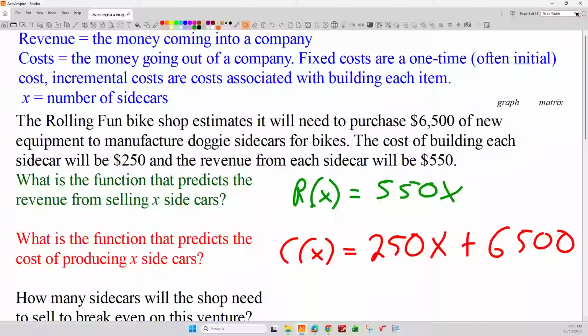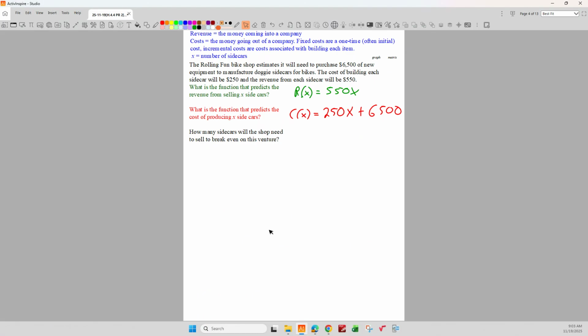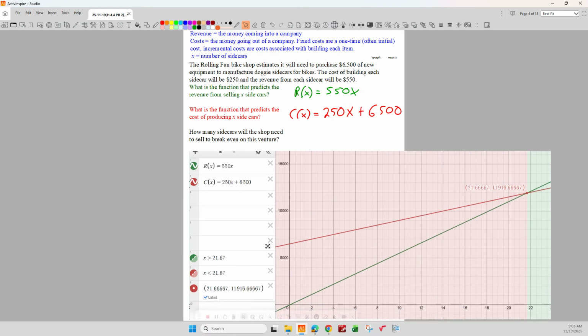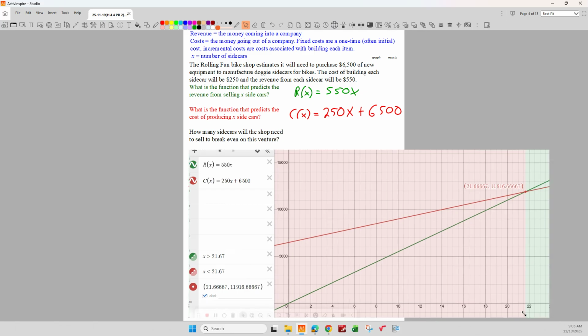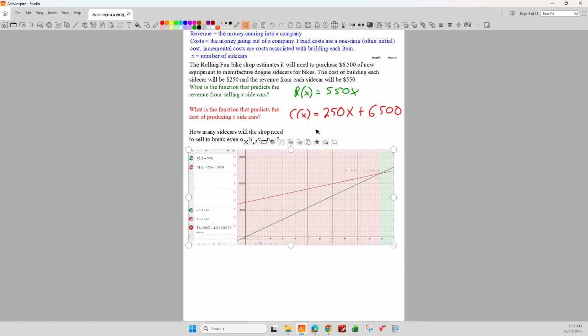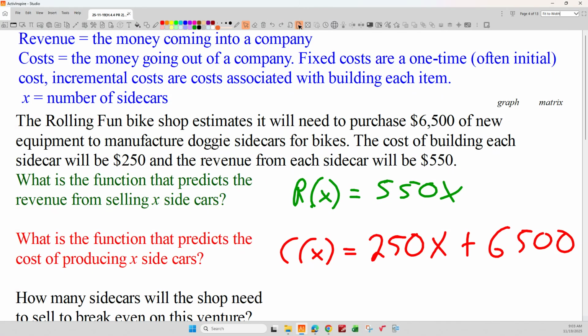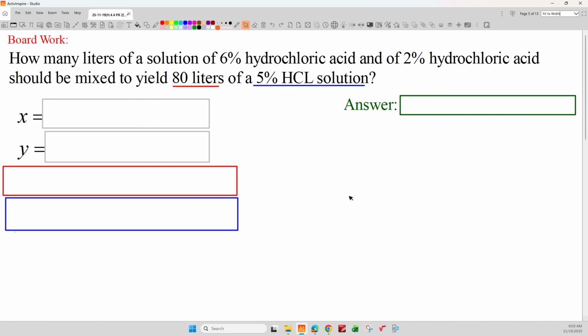Okay, and you've seen, I think, lots of problems like that in the past. Okay, why don't you go to the boards and try one of these. Try this one.